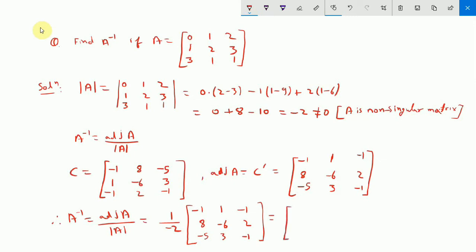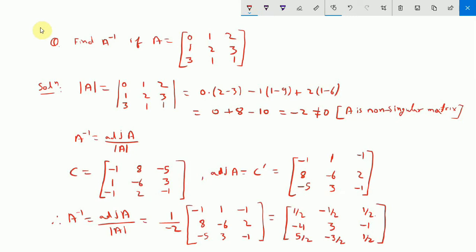So it will become minus 1 divided by minus 2, which is 1 by 2, minus 1 by 2, then 1 by 2, minus 4, 3, minus 1. Next will be 5 by 2, 3 by minus 2, so minus 3 by 2, and last will be minus 1, and minus 1 by minus 2 will be 1 by 2. So this is our A inverse.